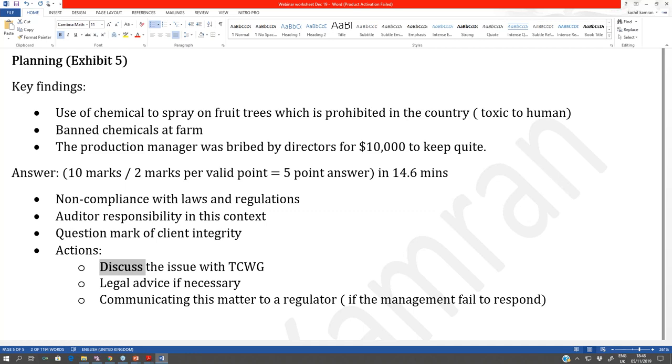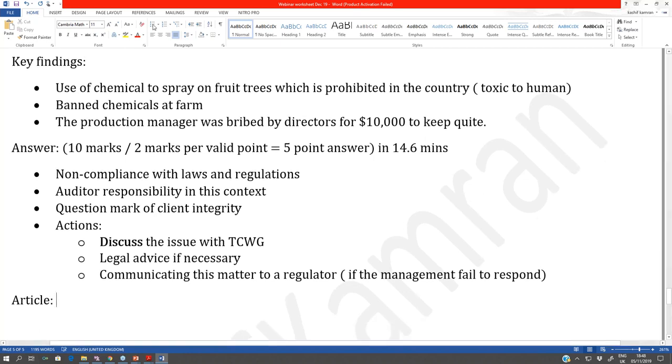Now, I hope all of you know that there has been an article which was published by the examining team, which is basically having a title, Auditor Responsibility for Non-Compliance with Laws and Regulations.